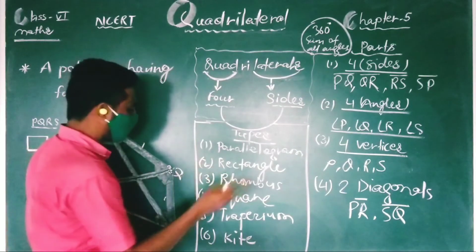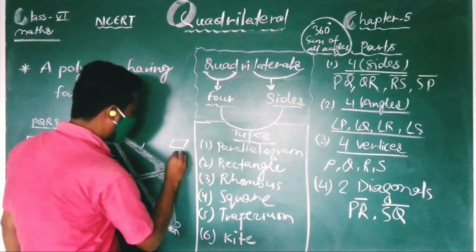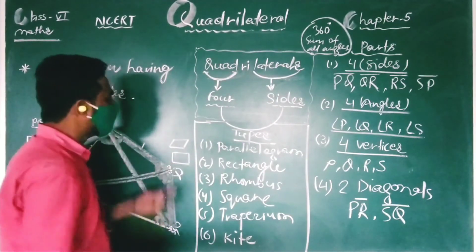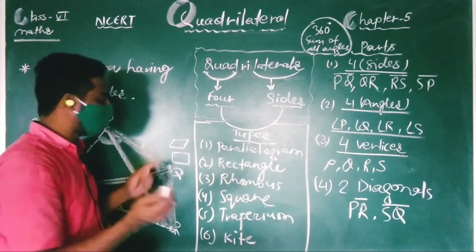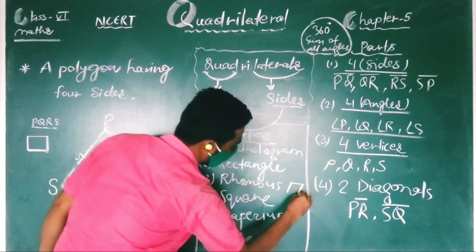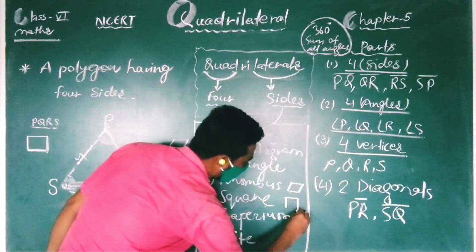If you talk about the figure, this is a parallelogram, and this is a rectangle, let me draw it clearly. Yes, this is a rectangle. 4 sides are common, but the figure is different, you can see. Later I will talk in detail. This is a rhombus; you can find the difference. And this is a square.